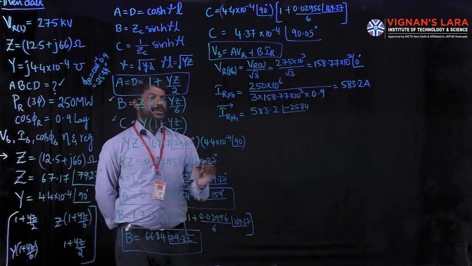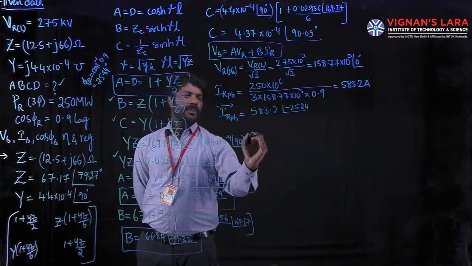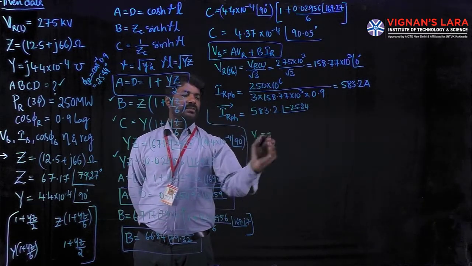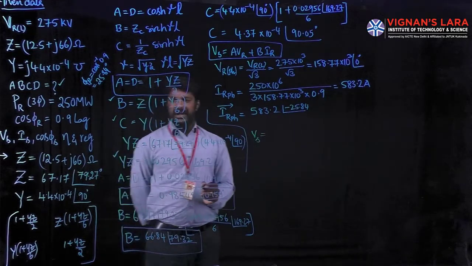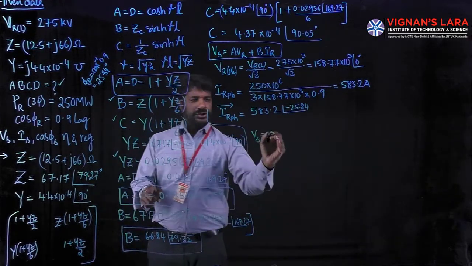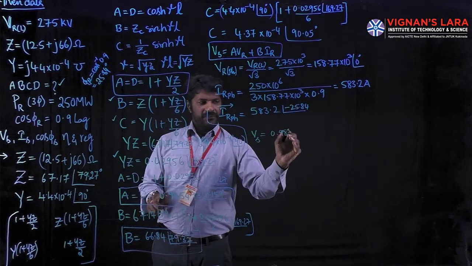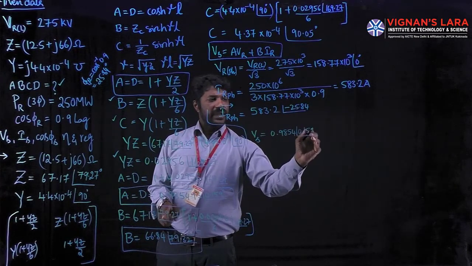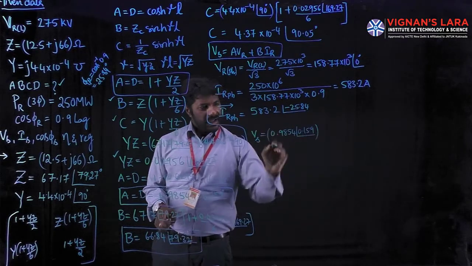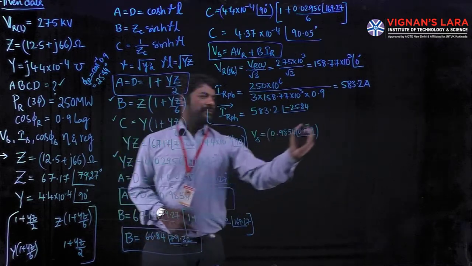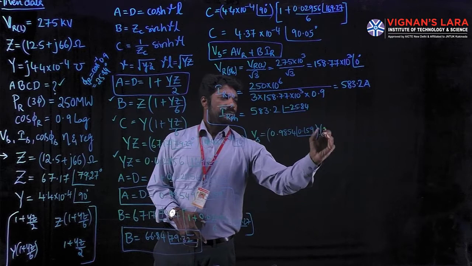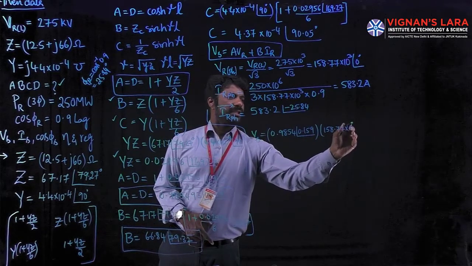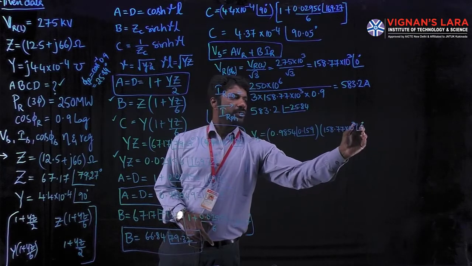Okay, let me substitute that. So Vs is equal to AVR plus BIR. What is A value? 0.9854 at an angle 0.159. A VR value is 158.77 into 10 power 3 at an angle 0.